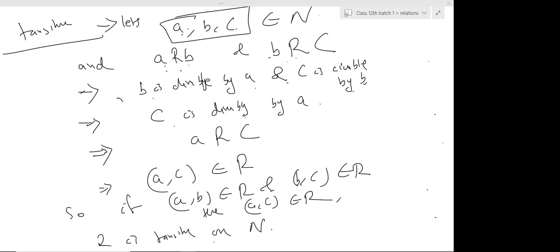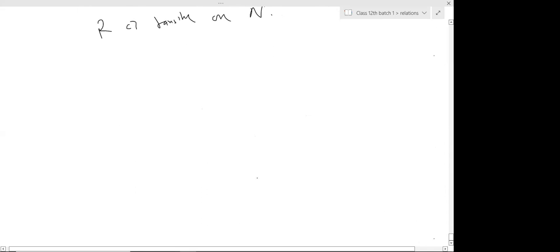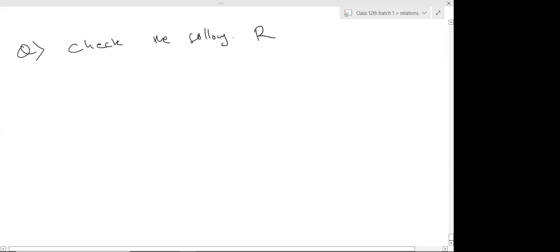All right. Let's start another question. Check the following relation for reflexivity, symmetricity and transitivity.